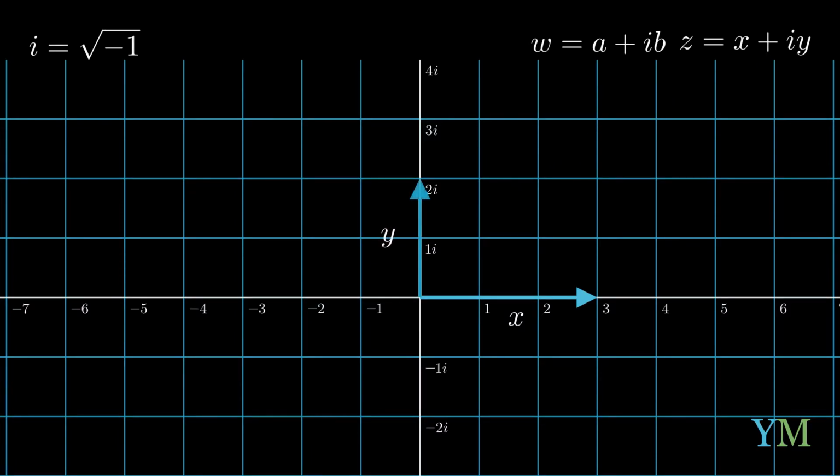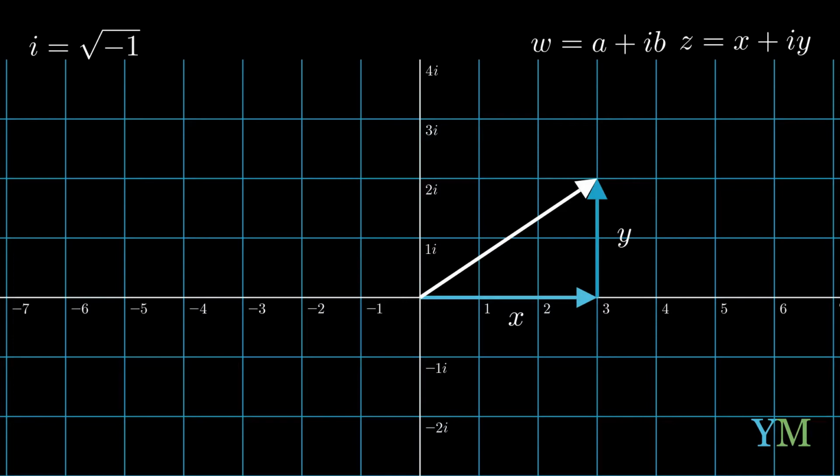Now we use arrows to describe the real part and the imaginary part of a complex number, very much like with vectors. There's a lot of similarity between complex numbers and vectors. They behave in a lot of ways very similar. In this case, z can be represented by an arrow just like a vector. It is a combination of the two arrows that are on the x and the y axis. And now we have a new arrow.